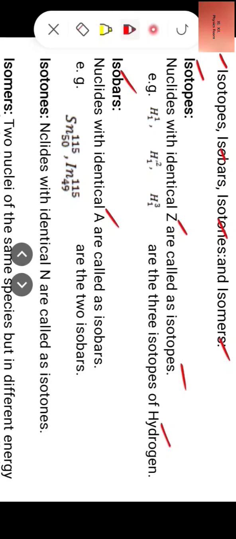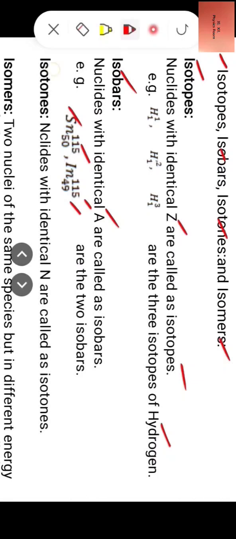For example, stannous 11550 and indium 11549 are the 2 isobars because they have same A, that is, same atomic mass number for both.